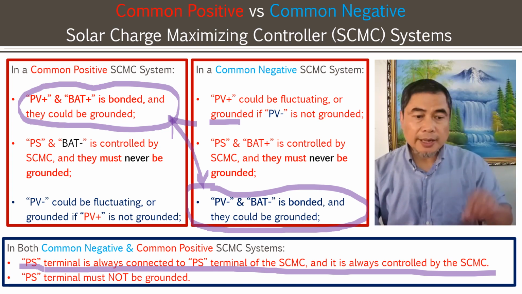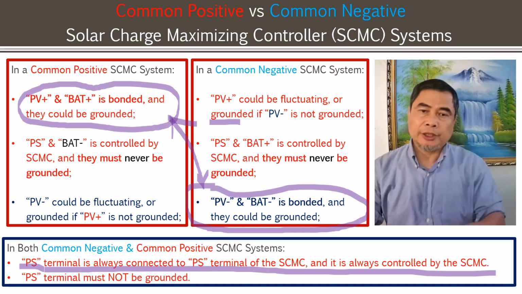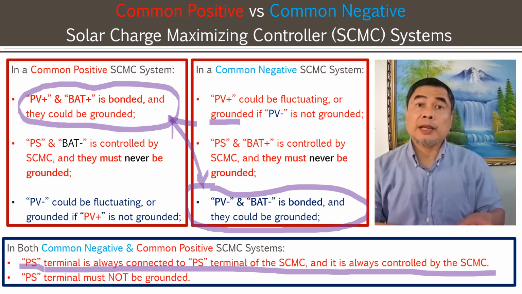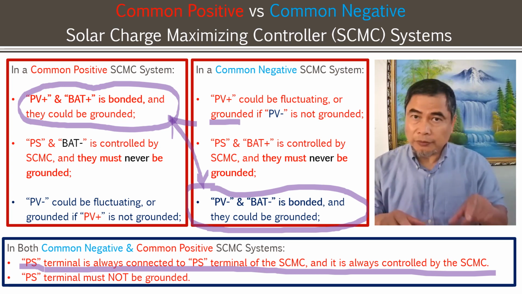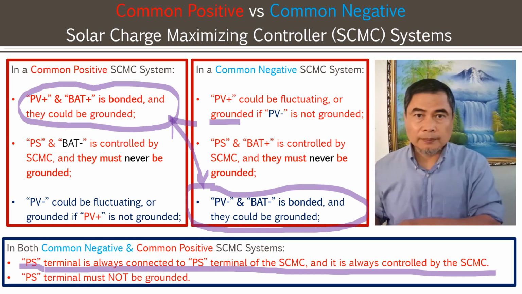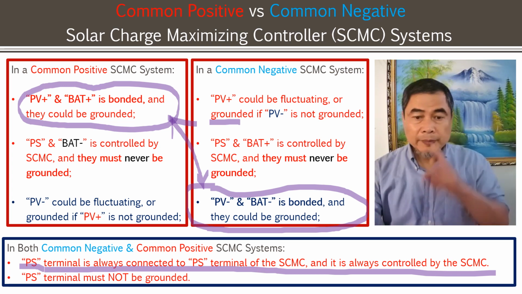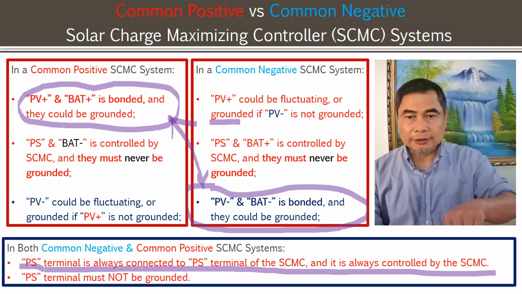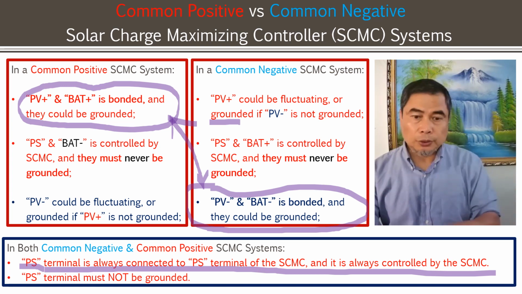This PS terminal is the split wire terminal, unique in the solid charge maximizing controller system. It's called a PS. Its nominal voltage matches the battery bank, and it's never going to be connected to the ground, because it always gets controlled by the solid charge maximizing controller.